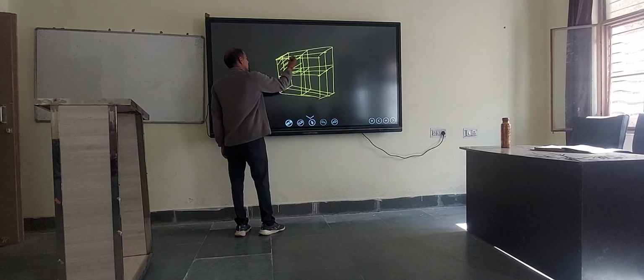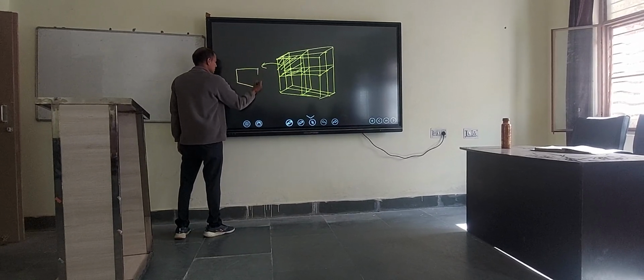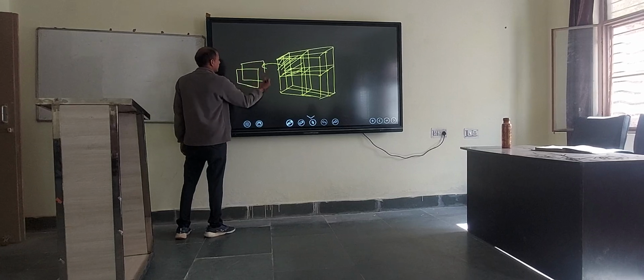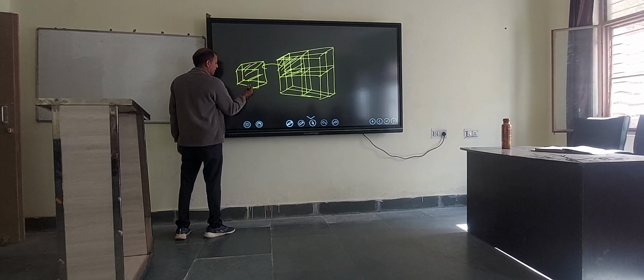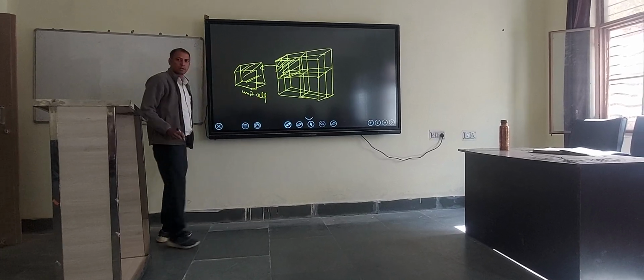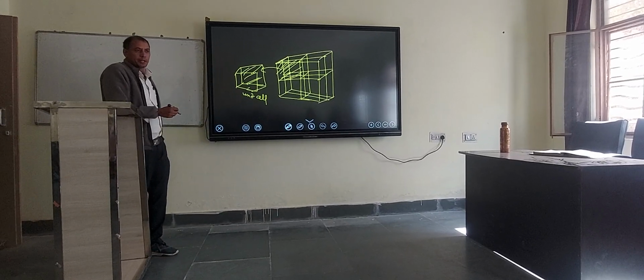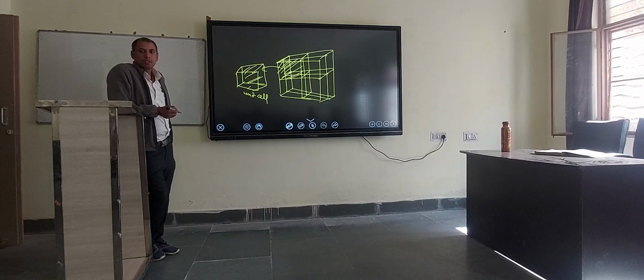Eight cubes in this crystal, and one is the building block element of this crystal. This is called the unit cell. It was first discovered by Auguste Bravais in 1850, so it is also called the Bravais lattice.